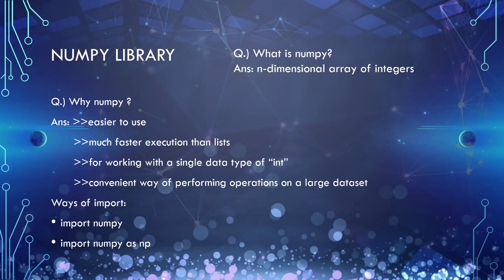It is a very easy way of performing huge operations on a large data set, and it is really easier than using lists. We can import NumPy, like import numpy as np generally, so that we don't have to type NumPy again and again.